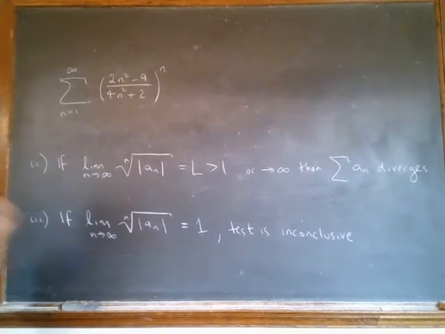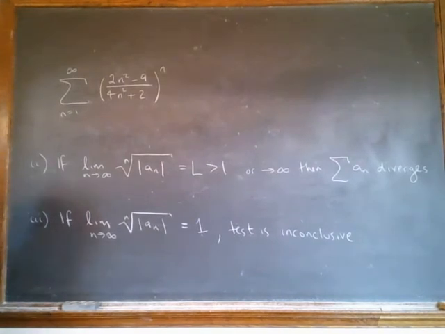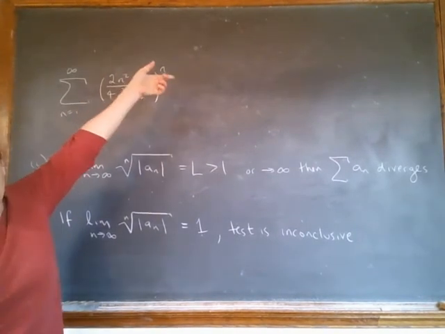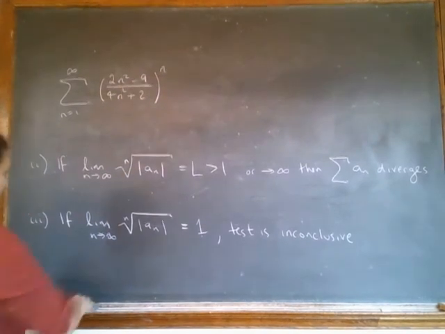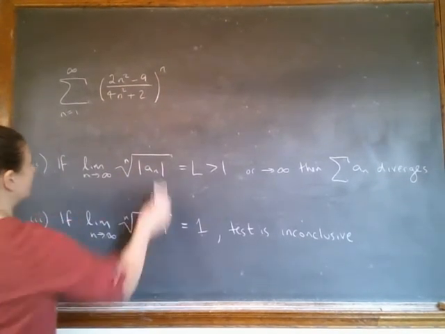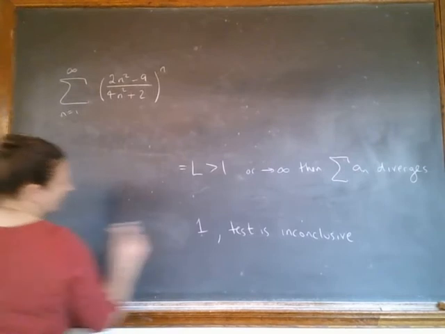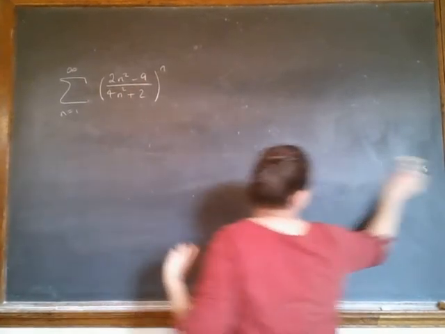So I've got something in there, but it's to the n. So I've got a function to the power of n. That's where this is helpful. Because what am I doing when I take the nth root? I just will kill that n and then I have a simple limit.